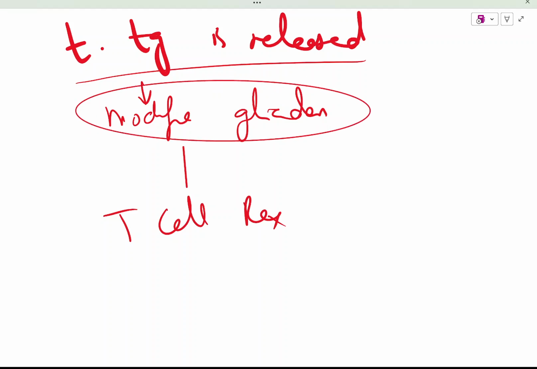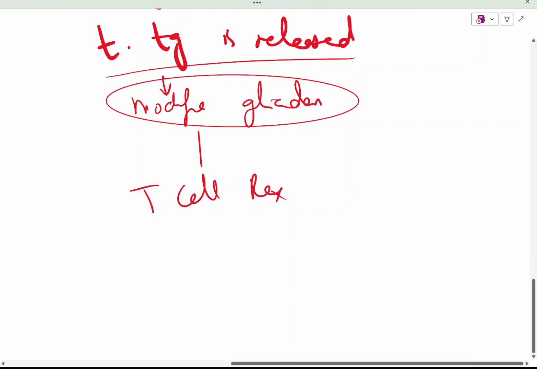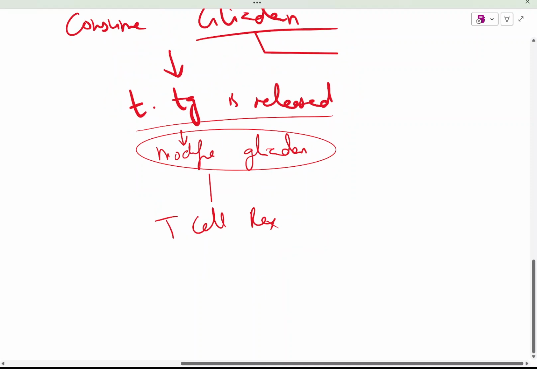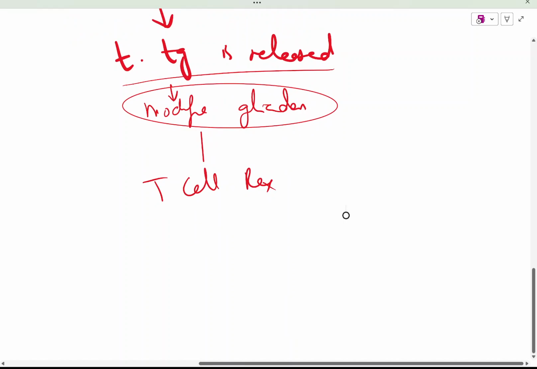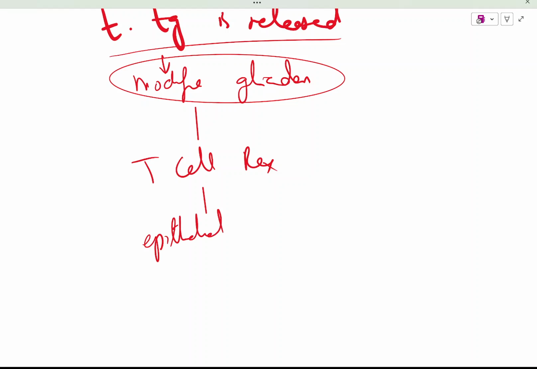So you consume gluten, your body produces tissue transglutaminase, and this tissue transglutaminase modifies gliadin from gluten proteins. This gliadin leads to a T cell reaction, in which T cells react to gliadin. So what will happen? There will be epithelial damage.